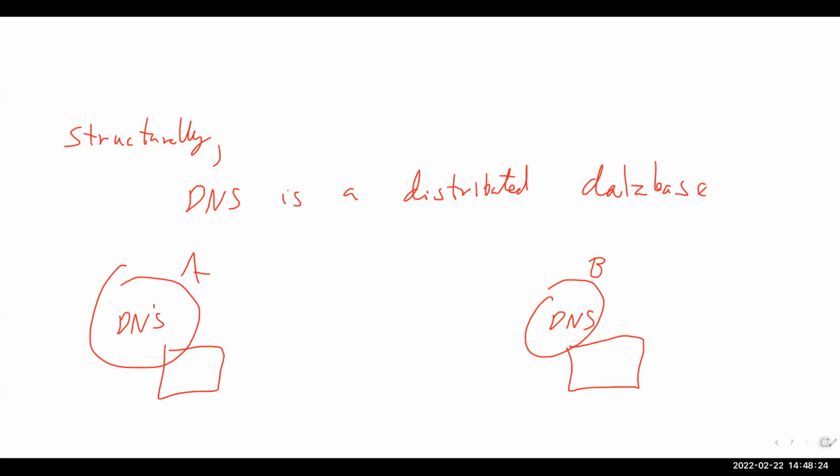Now, how do you query this distributed database? Queries into this massively distributed database work because DNS has the ability to forward translation requests to the appropriate server automatically.